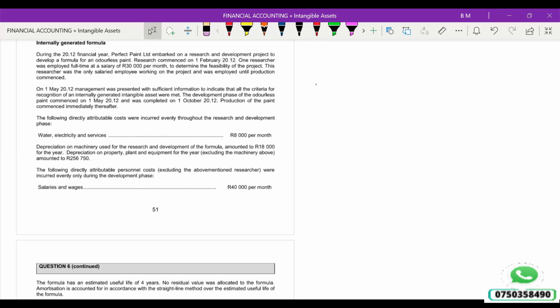Depreciation on property, plant, and equipment for the year, excluding the machinery above, amounted to 256,750.